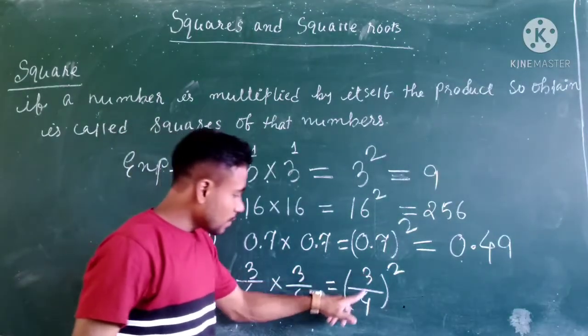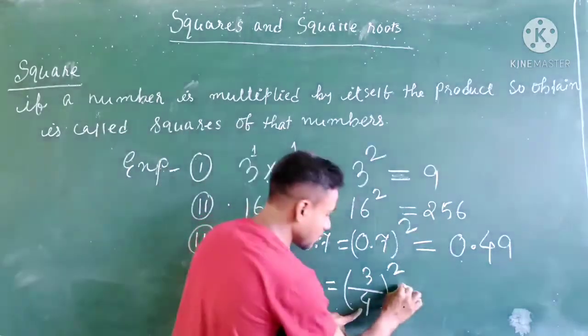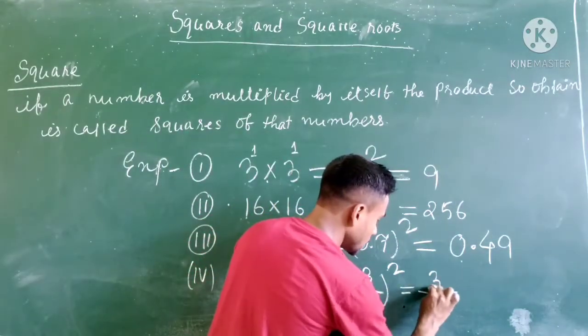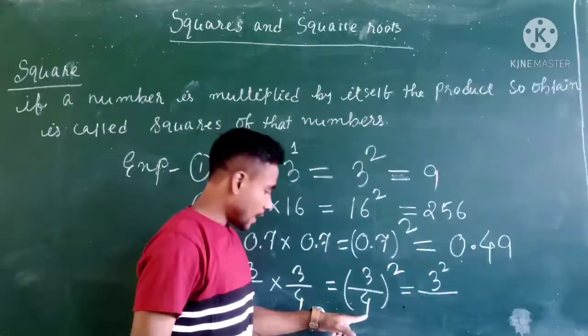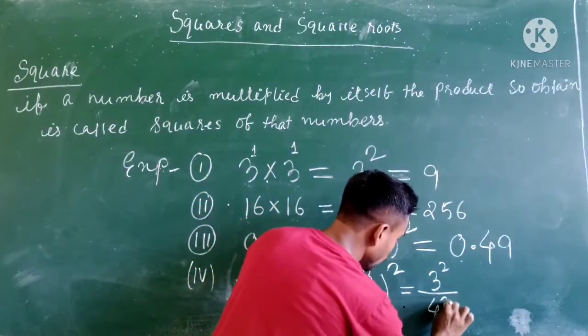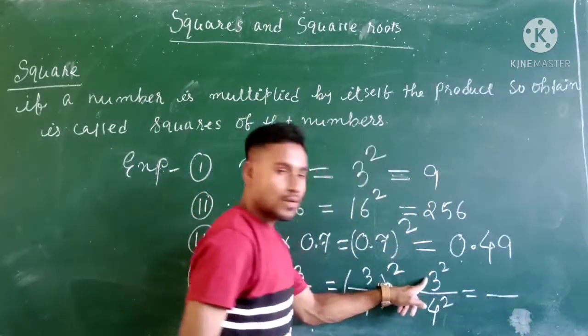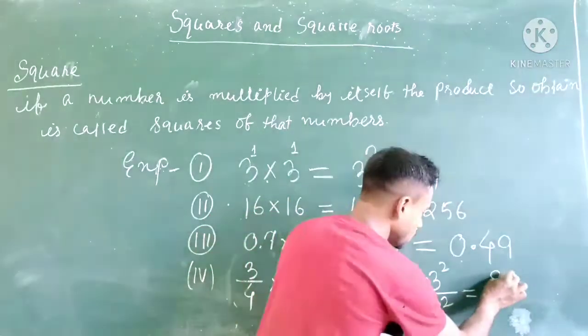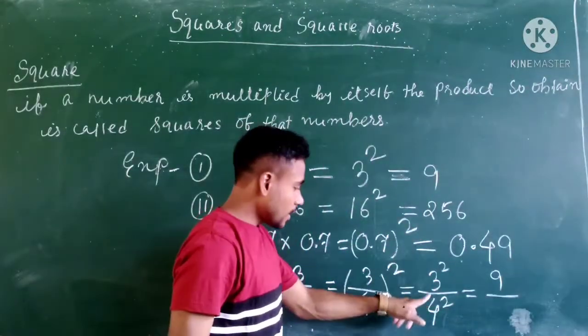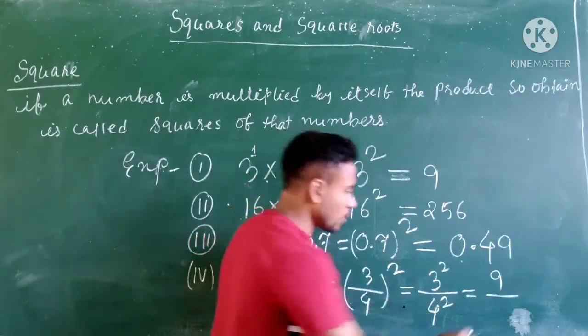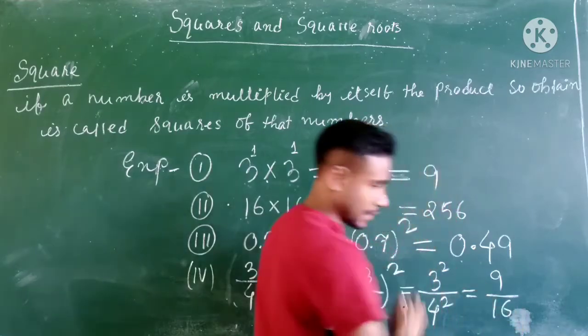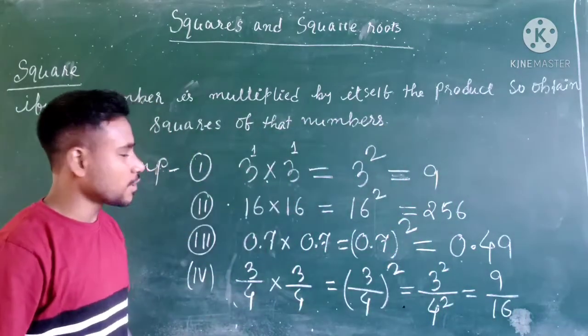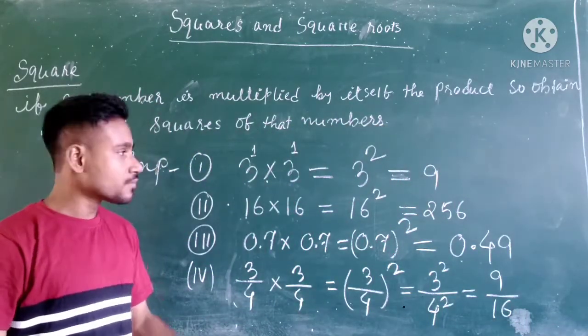Now 3 by 4 whole square I can break as 3 square over 4 square. Now 3 square is 3 into 3, this is 9. And 4 square, 4 into 4, gives us 16.